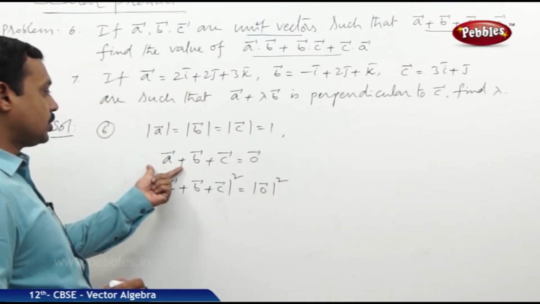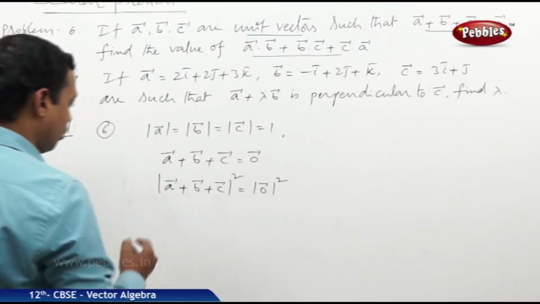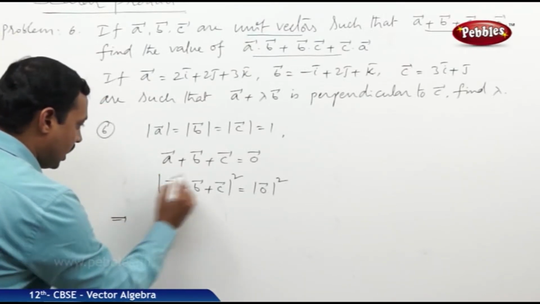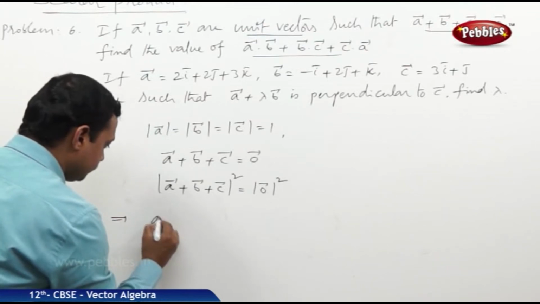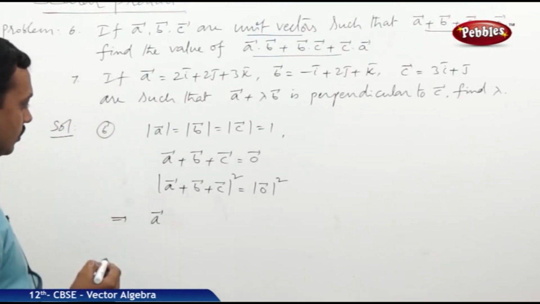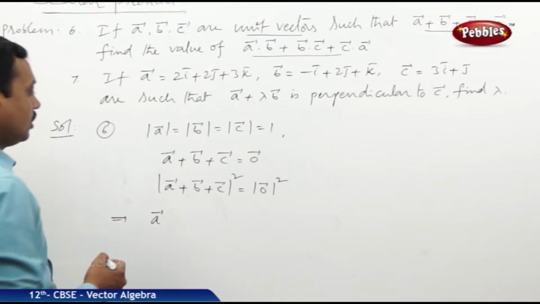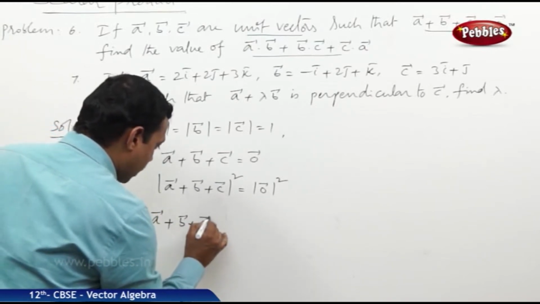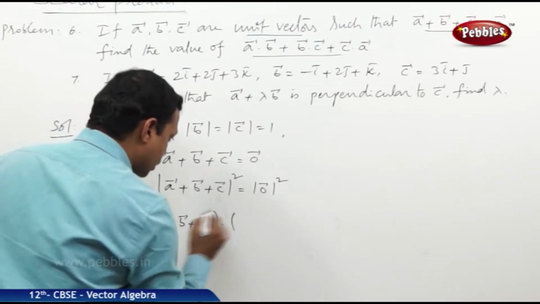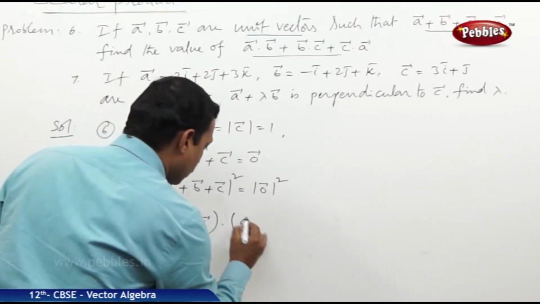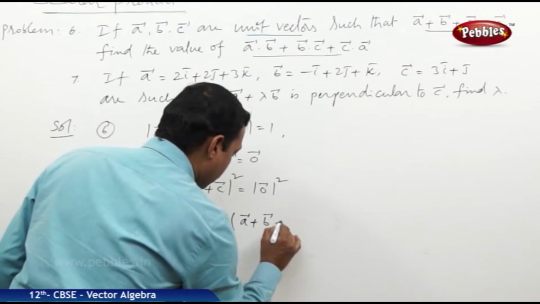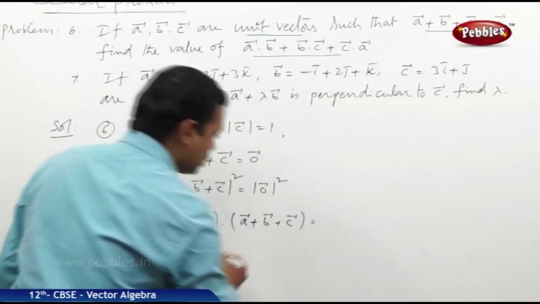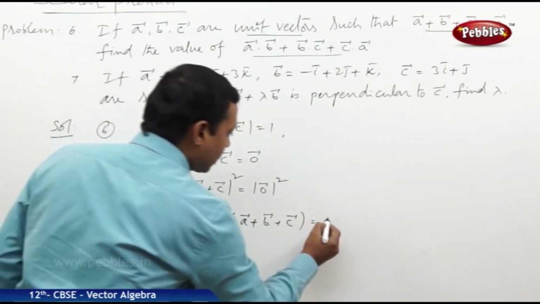So take magnitude on both sides and squaring on both sides. And now the left side part becomes A bar plus B bar plus C bar dot A bar plus B bar plus C bar is equal to the magnitude of null vector, which is 0.